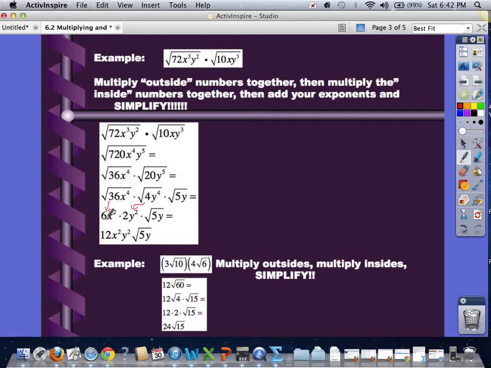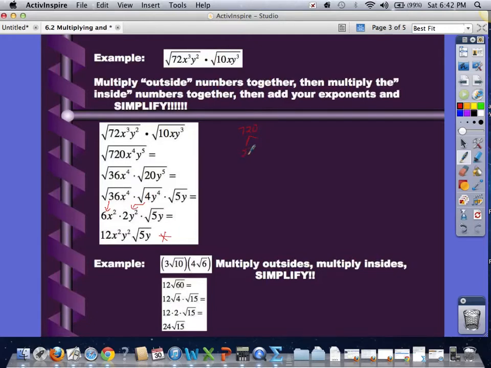All right, so then the last step is just to multiply the 2 that came out as perfect. 6 times 2 is 12. x squared and y squared just put together, x squared y squared, and then times square root of 5y. And that is your answer. And that one's done. Okay, again, if you need to use a tree and break that down, you can do that.